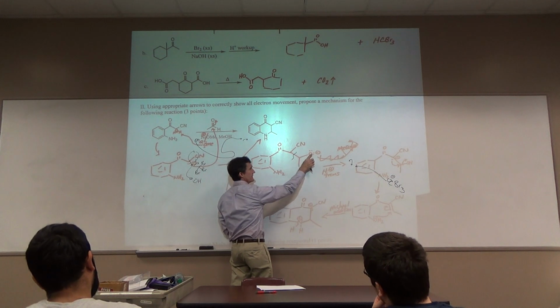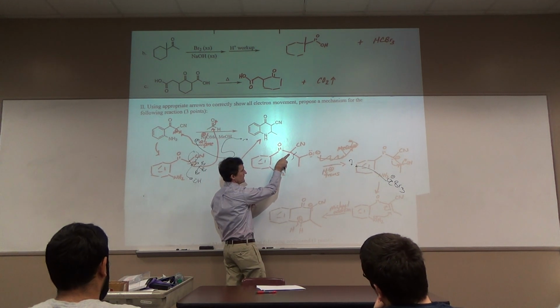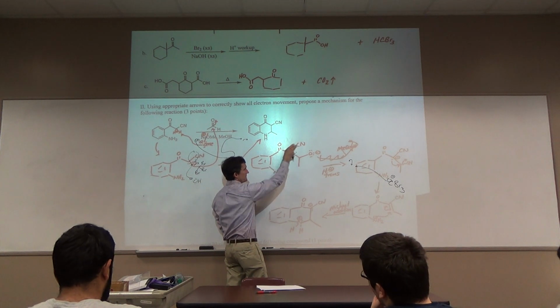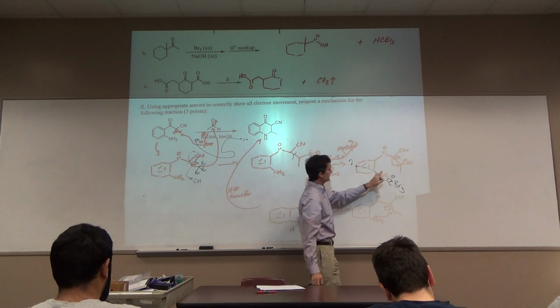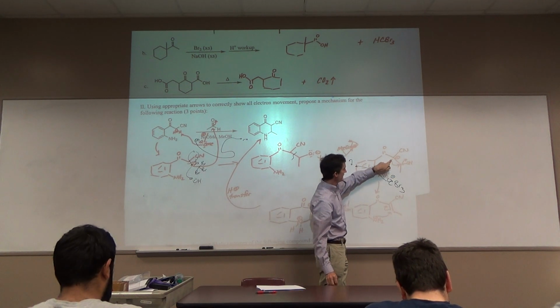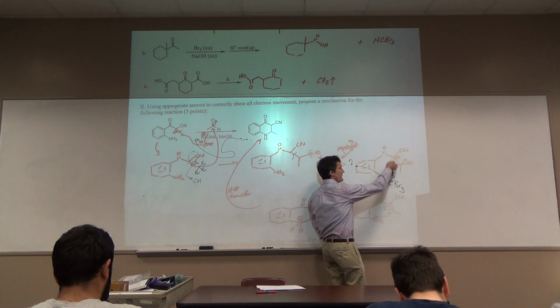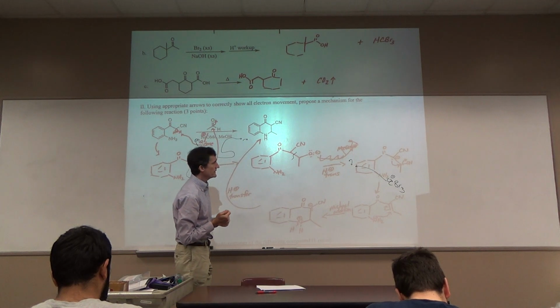So instead of taking an H from solvent, I let it take an H from this guy, because that H is going to be somewhat acidic. So I just did a proton transfer to give the anion here. Basically the proton moved to the oxygen, now we've got the anion here. Now we can come in here and kick that off and make our alpha beta unsaturated carbonyl compound.